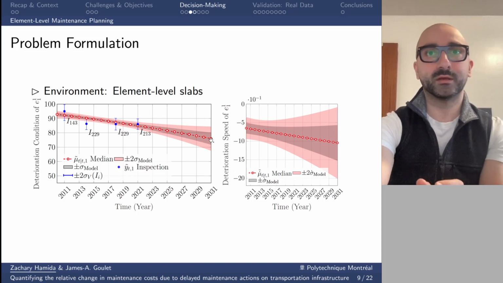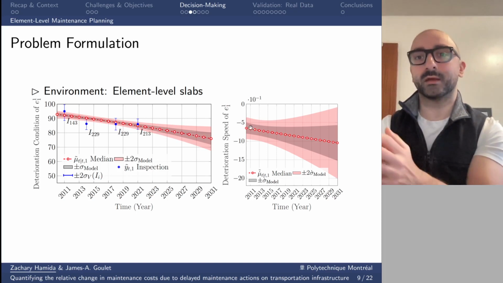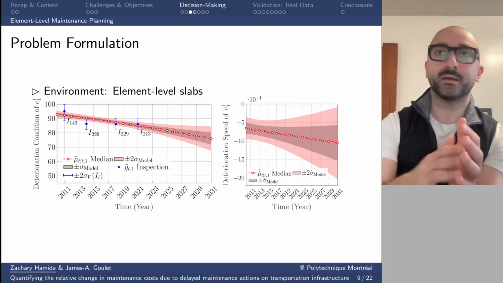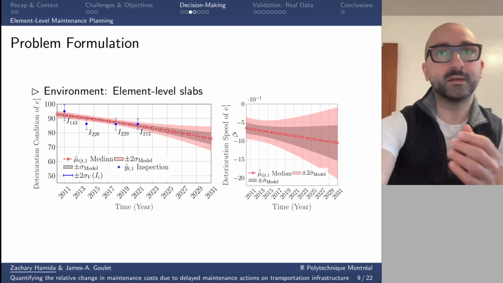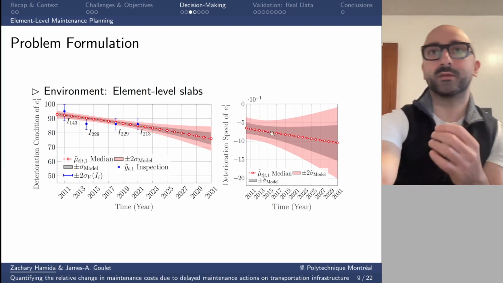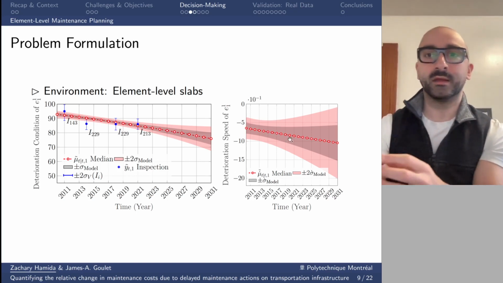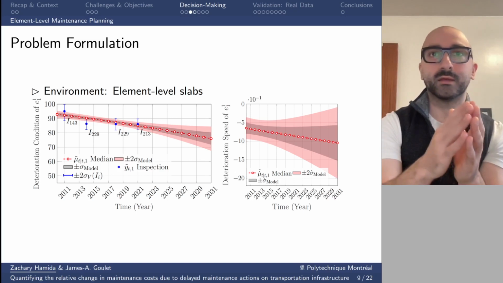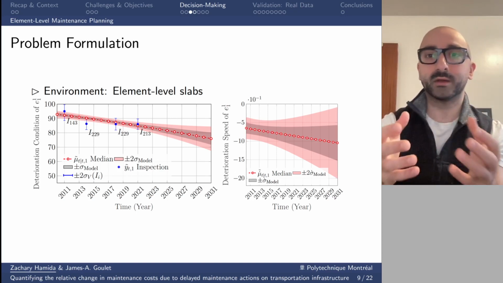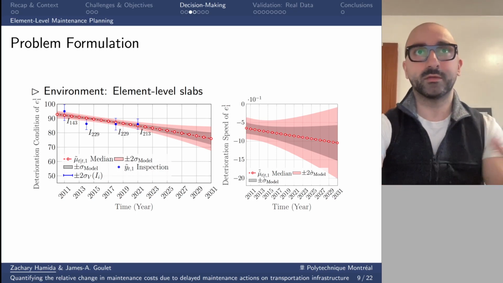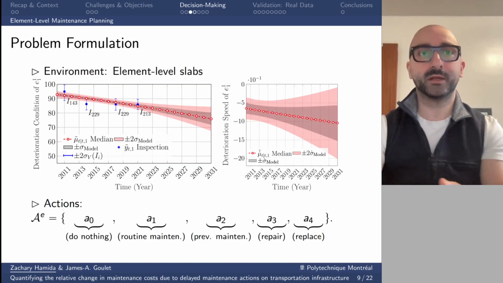Here we see the prediction over time for the condition, and we also have access to the deterioration speed, at what rate the deterioration is happening in that element. You can think of these two components, the expected value of the condition and the expected value of the speed over time, as an indicator of the environment or the current state of that structural component. So this is what we mean by environment.